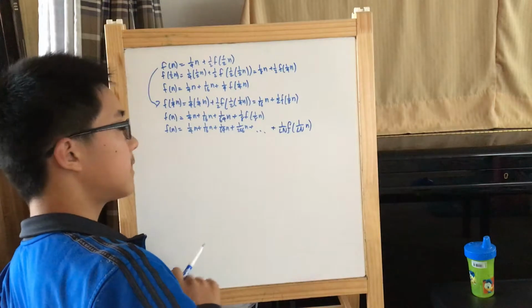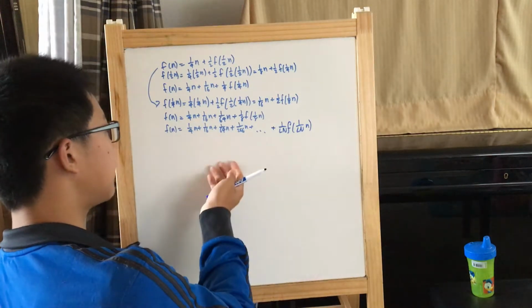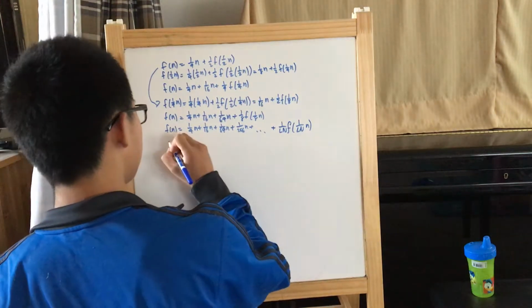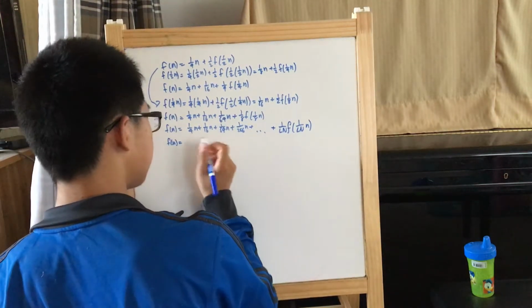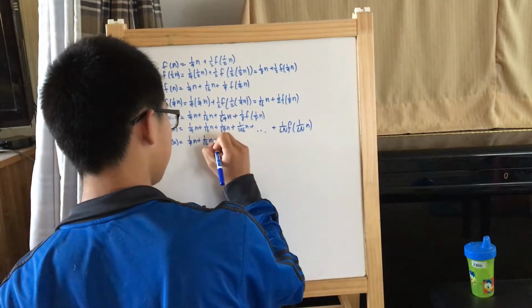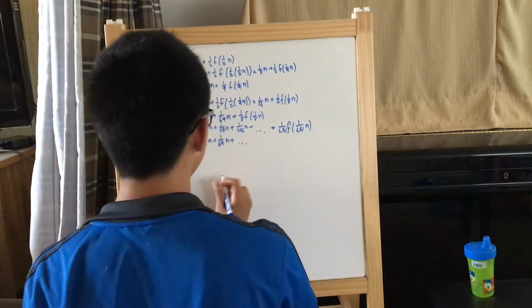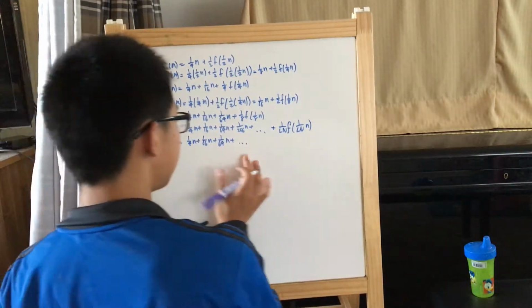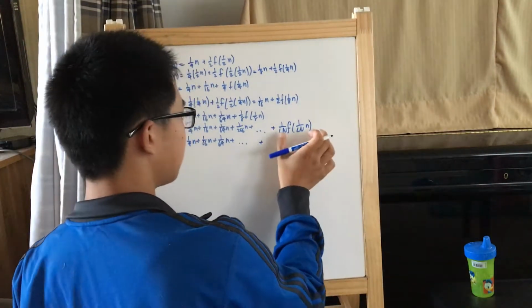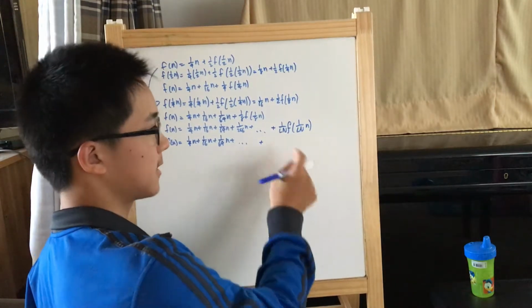And if you take the limit as you do it infinitely many times, you would get f of n is 1/4 n plus 1/16 n plus 1/64 n plus so on. You would get an infinite geometric series here, plus this last term, which would just go to 0 as the large number gets larger and larger.